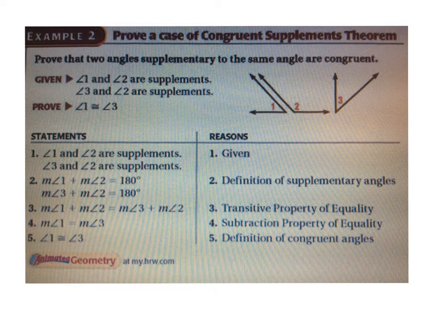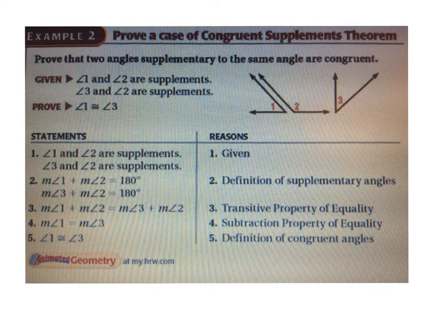Okay, so we've proven that those two sets of angles are both 180 degrees. With the next step, we can come back in with the transitive property of equality and say that measure of angle 1 plus measure of angle 2 equals measure of angle 3 plus measure of angle 2. From there, you're subtracting measure of angle 2 from each side.